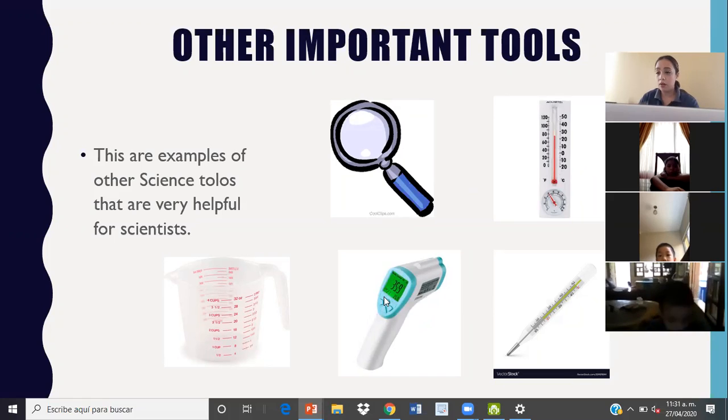This thermometer, you point it toward your head, and it measures the temperature that you have. This is another kind of thermometer, we put it here. It's used to measure your temperature. And this is another tool that helps you measure only liquids. It's called a measuring cup.